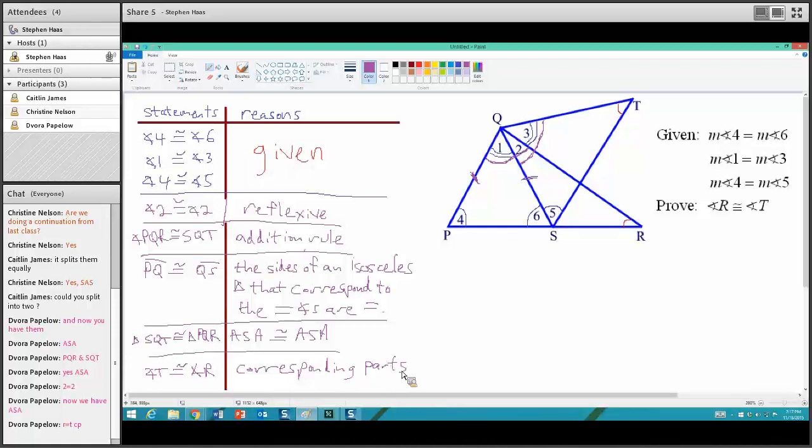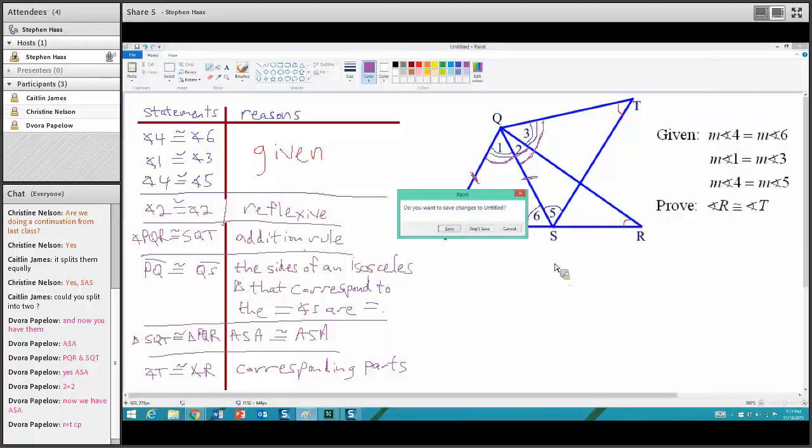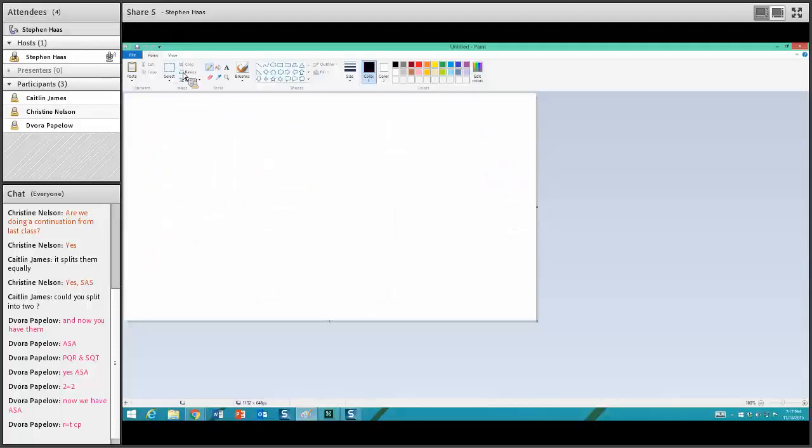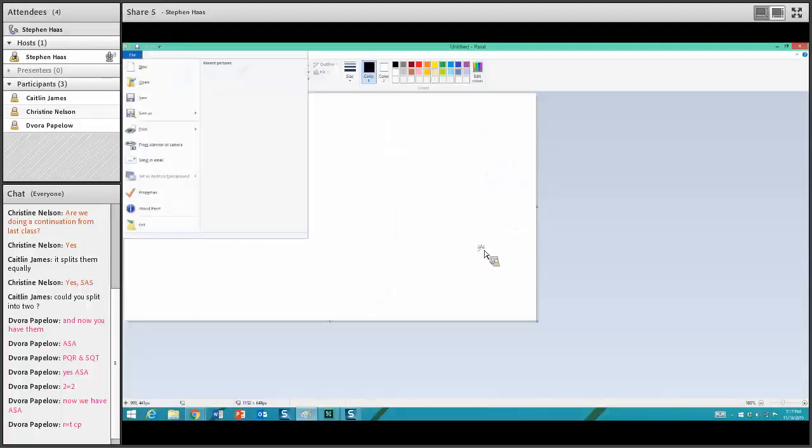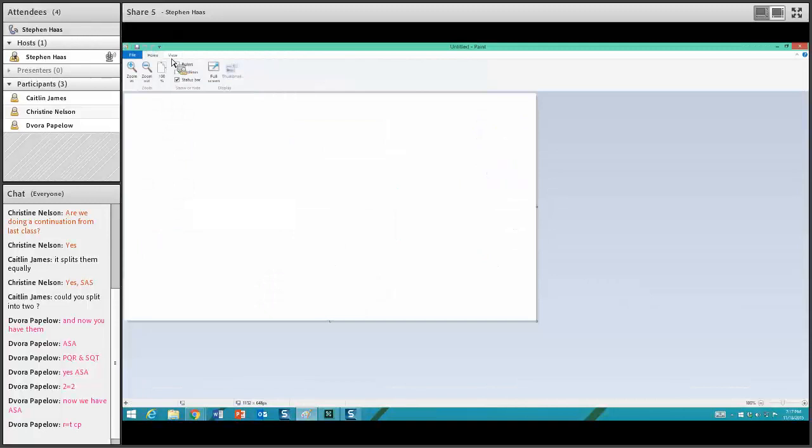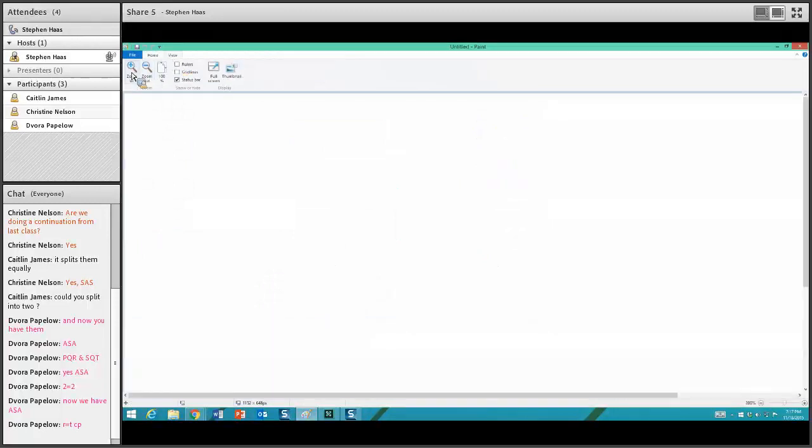Let's try one with quadrilaterals. Let's try one where we don't just have triangles. We have quadrilaterals also. All right.